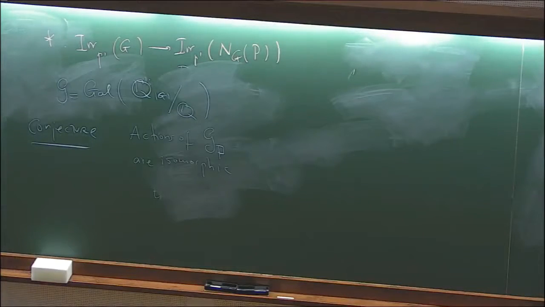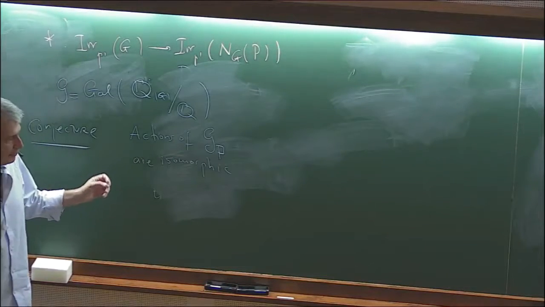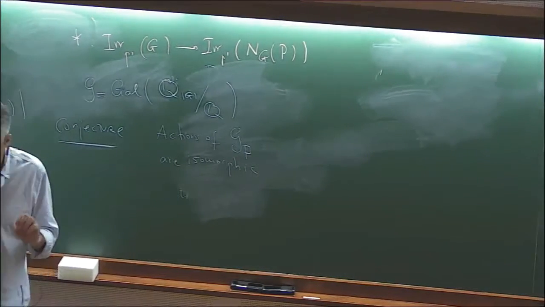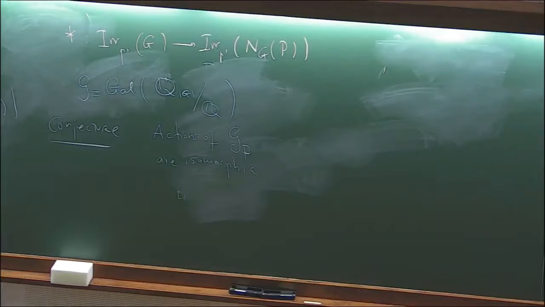So if this conjecture is true, and we are very, very far from proving it, then this implies that there is an intimate relationship between character values, not only about these numbers, but about the values. And I'm going to show you some consequences that we have proved. So these are not going to be conjectures anymore, but theorems.